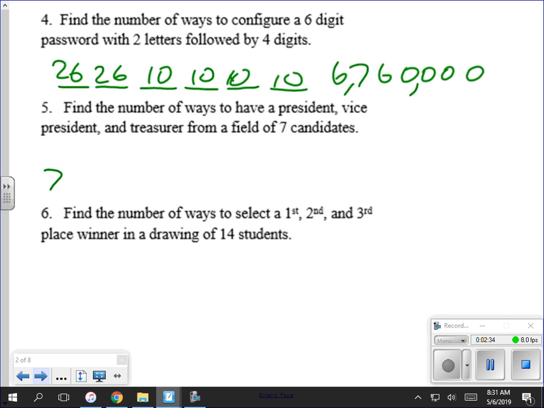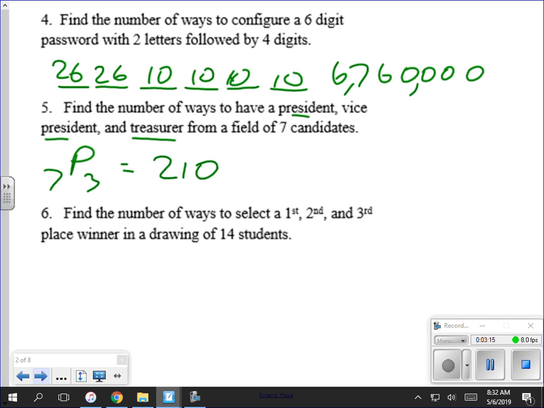So this would be 7P3. And you get 210. Sorry about that.